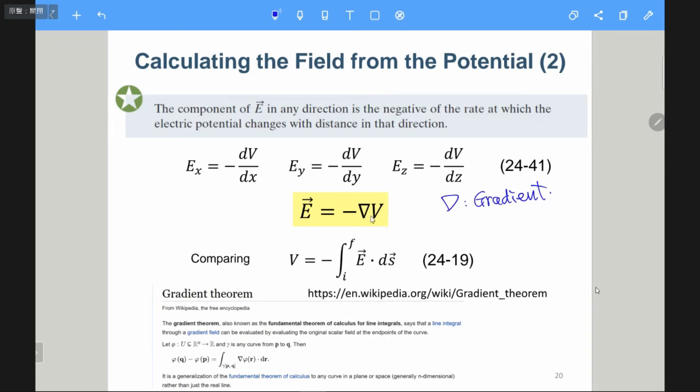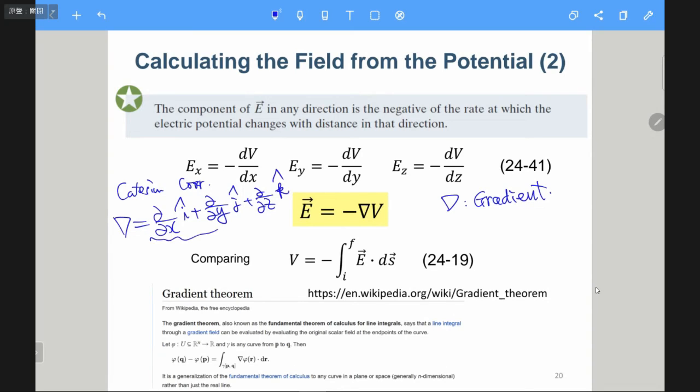Okay, so it is just like taking the derivative in different directions. In Cartesian coordinates, the gradient is simply the partial derivative with respect to x times i hat, plus the partial derivative with respect to y times j hat, plus the partial derivative with respect to z times k hat.